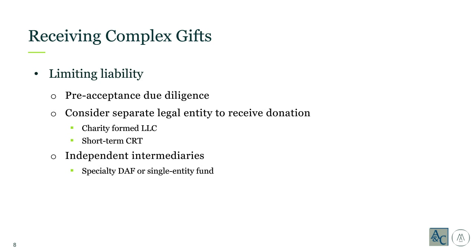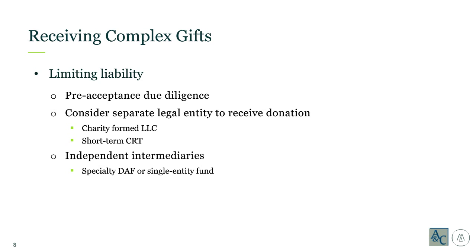These are often set up as donor-advised funds, where the donor has advisory privileges over where the funds get granted. They can't have actual legal control, or it's not a charitable gift in the first place.